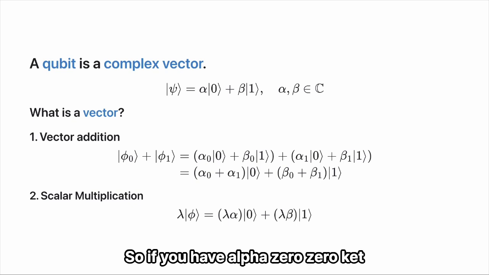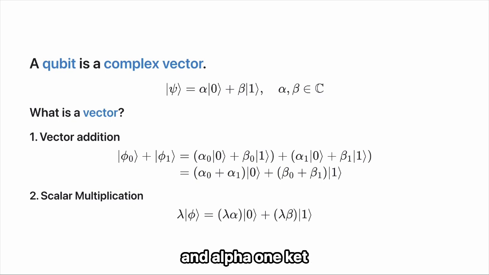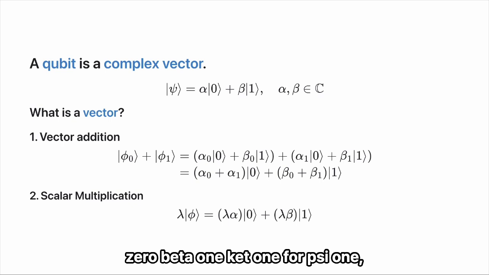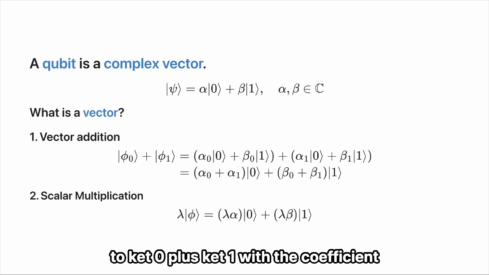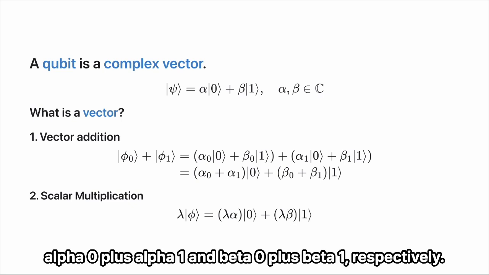So if you have alpha 0 ket 0 plus beta 0 ket 1 for psi 0, and alpha 1 ket 0 plus beta 1 ket 1 for psi 1, then ket psi 0 plus ket psi 1 equals ket 0 plus ket 1 with the coefficients alpha 0 plus alpha 1 and beta 0 plus beta 1 respectively.